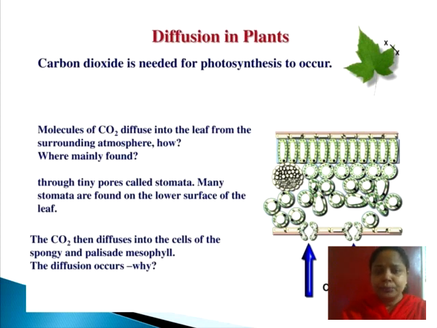The CO2 that is present in higher concentration in the atmosphere starts diffusing through tiny pores called stomata. So, stomata help in diffusing CO2 from its higher concentration, that is the atmosphere, towards the mesophyll cells where the concentration of CO2 is lesser. So, diffusion is the process governing photosynthesis in plants.